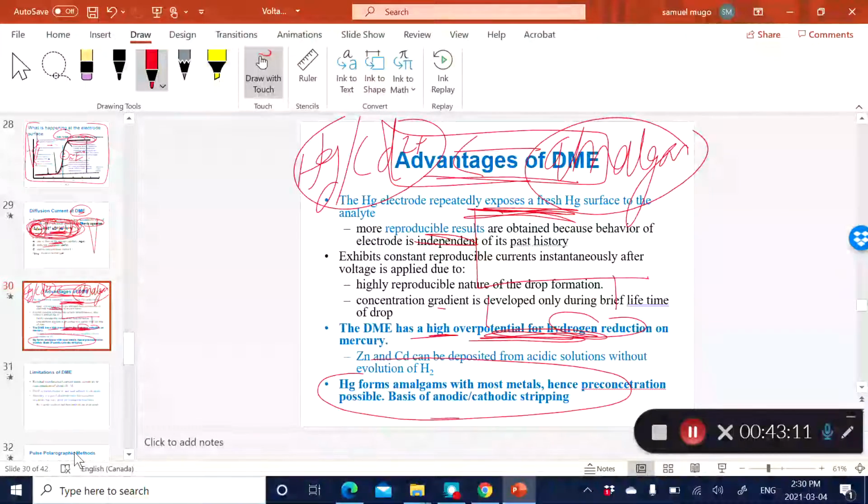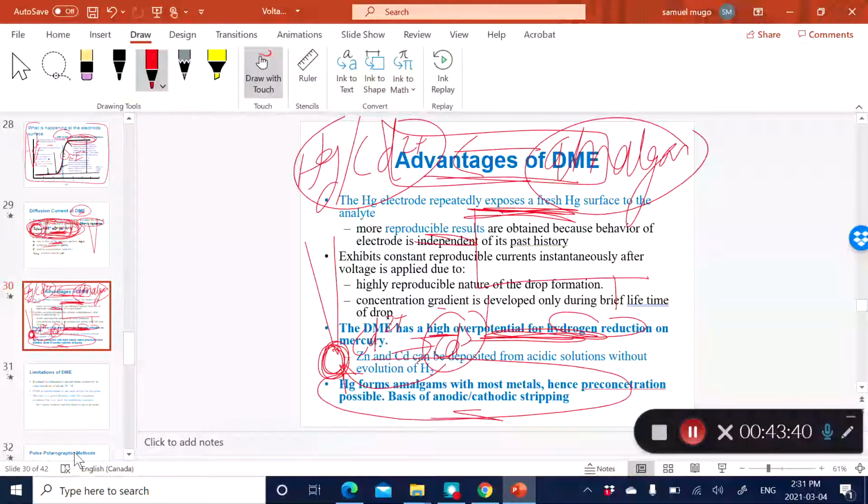And because of that, you can do what you refer to as pre-concentration of the analyte, meaning I've got my dropping mercury electrode there, and then I'm doing the reduction of cadmium, say, to cadmium metal. And then the cadmium metal dissolves into the mercury, to create a solid.